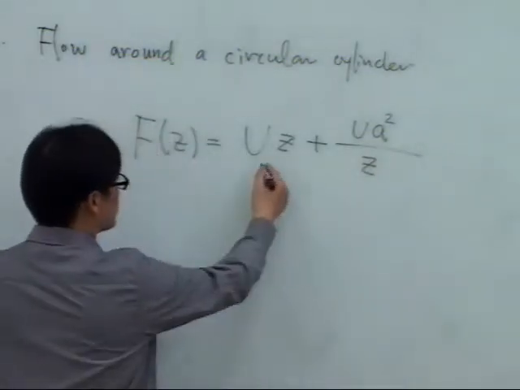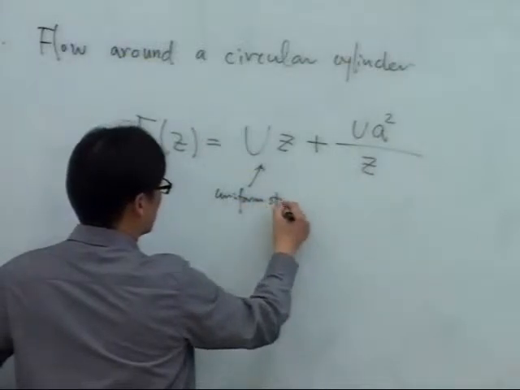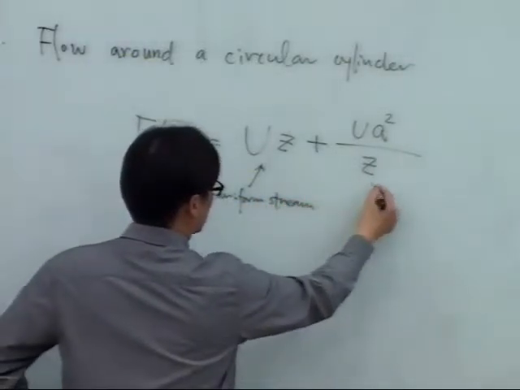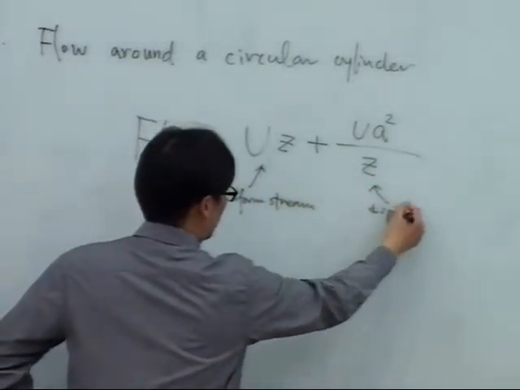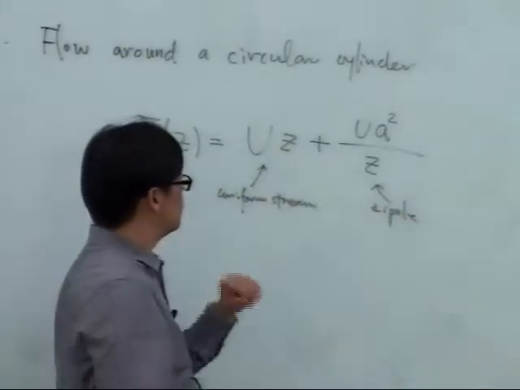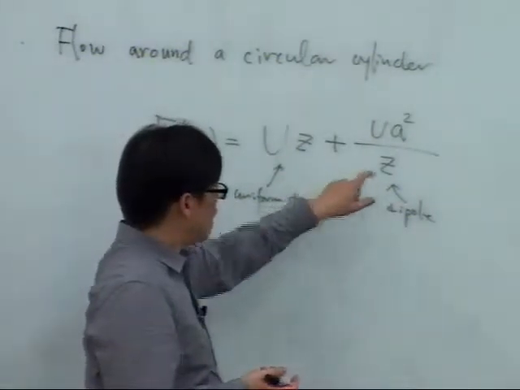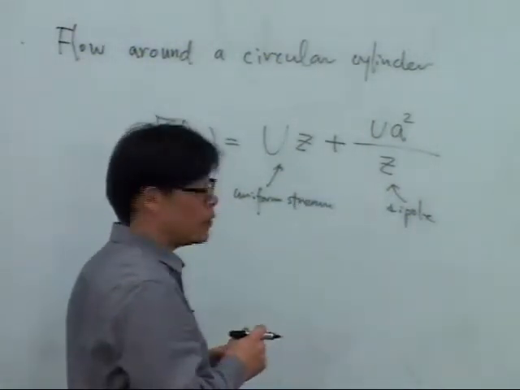So this is a uniform stream, and this is a dipole. When you add a uniform stream and a dipole, then we can generate the flow field.